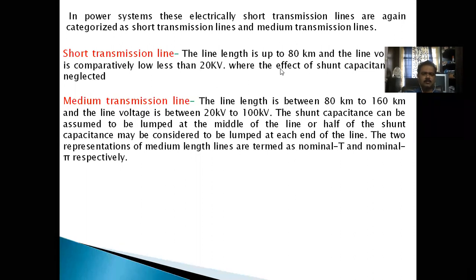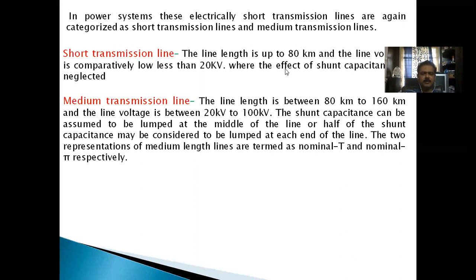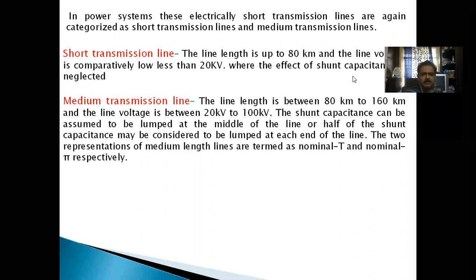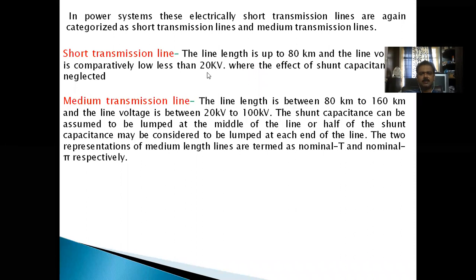So for a short transmission line, we can neglect the shunt elements; only the series elements are there. If we calculate either the regulation or efficiency with or without the shunt values, we get almost the same values. Using just resistance and inductance, we can evaluate the performance of the short transmission line.